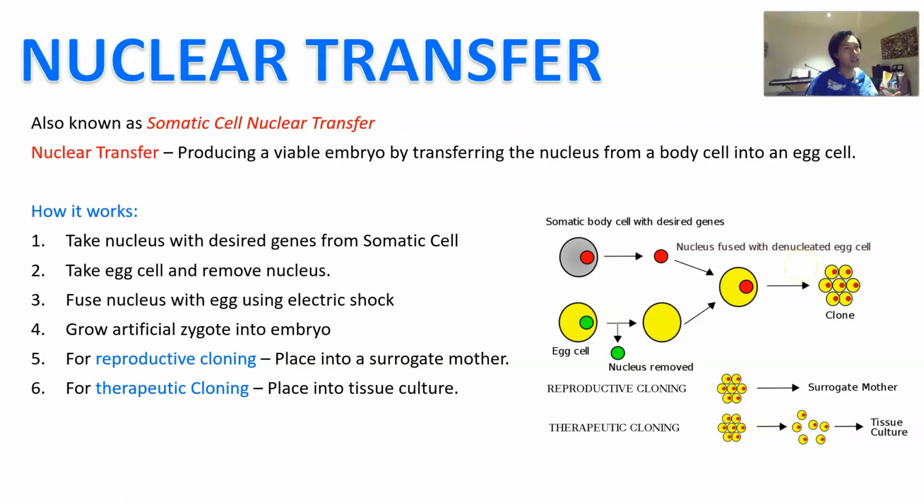On the other hand, let's say you just want to replace skin cells, right? So you take the skin cells, you apply the same thing, and then you put it into tissue culture where it regrows into more skin cells. Or something that is not so easily reproducible, like for example, a nerve cell, which, as we know, nerve cells never really reproduce. Once they form, they stay with the individual for its entire lifetime.